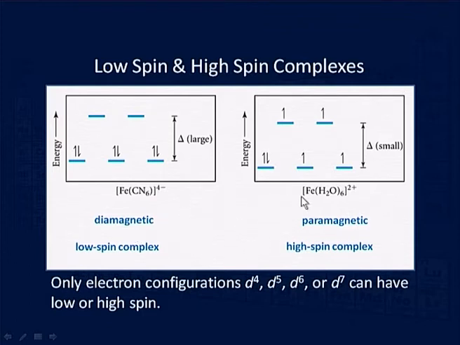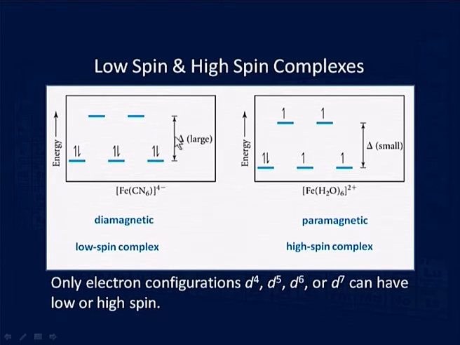Here two complexes of iron are given, one is a cyano complex, another is an aquo complex. Both the complexes are octahedral, and therefore the delta value is very large in the case of cyanide, because it is a strong ligand, and the delta value will be smaller in the case of the aquo complex, because water is a very weak ligand.